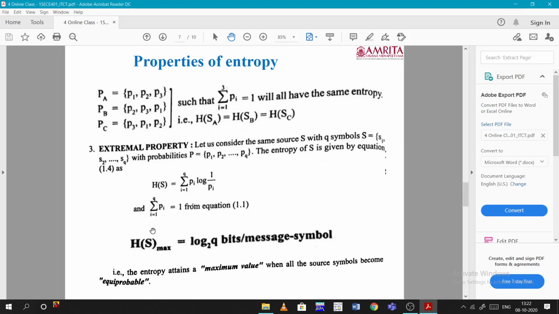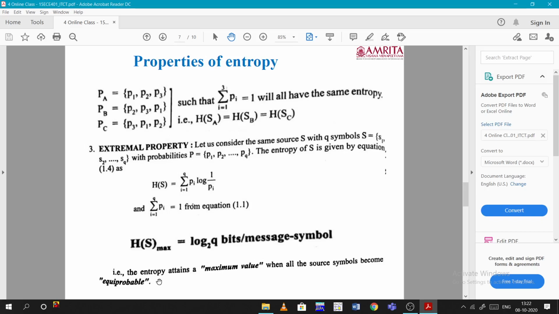Hence we can see that h of s max is equal to log q base 2 bits per message symbol. So remember this formula, because it will be useful at the end of these sessions to find the capacity of the channel and all. So remember this one.